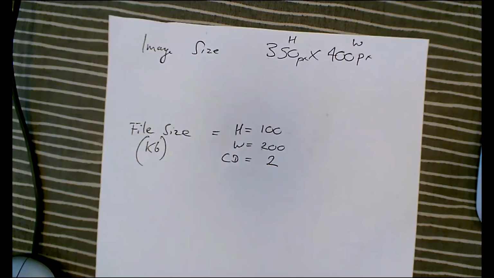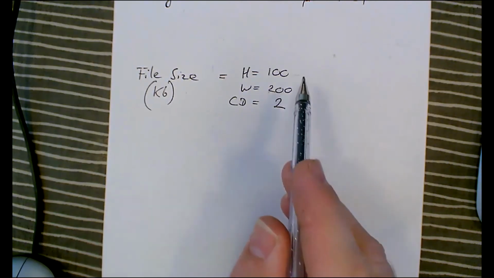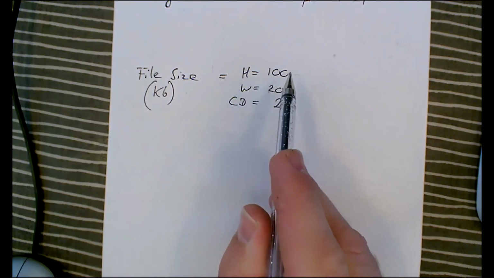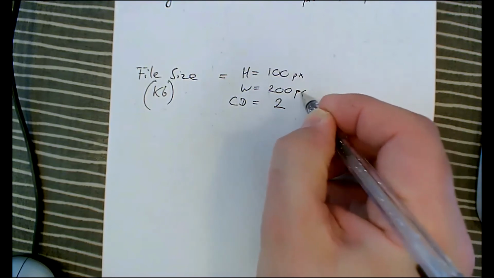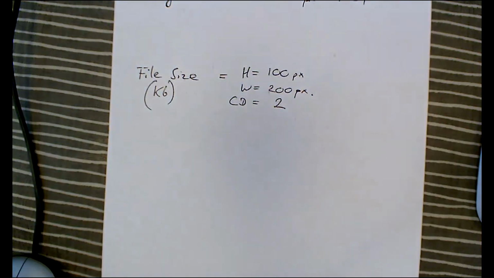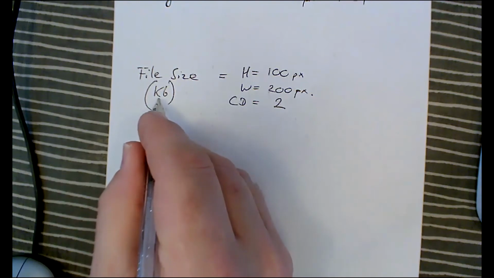Another question you might be asked is how to calculate the file size of an image. In this case, we have an image which is 100 pixels high and 200 pixels wide, and the color depth is 2, just to keep it very simple. So what would the file size be in kilobytes?